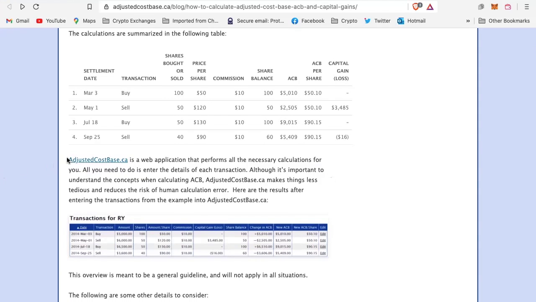And right here, if you go to the website, adjustedcostbase.ca, it is a web application that performs all the necessary calculations for you. All you need to do is enter the details of each transaction. Although it's important to understand the concepts when calculating ACB, adjustedcostbase.ca makes things less tedious and reduces the risk of human calculation error.